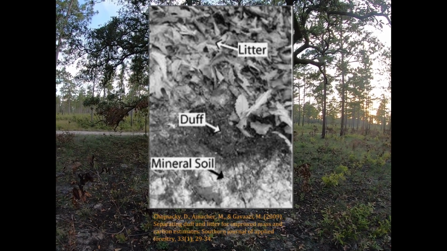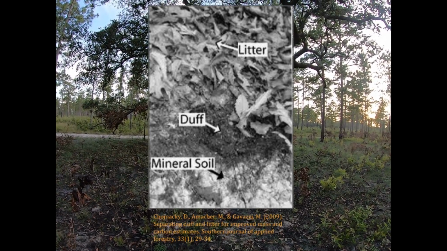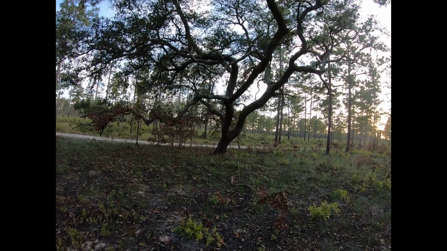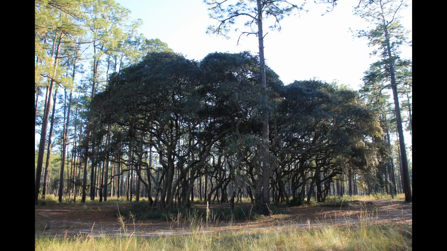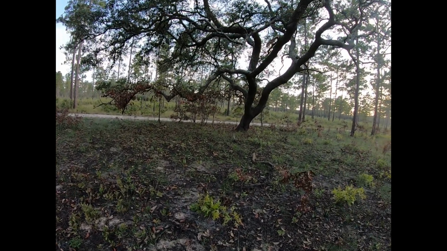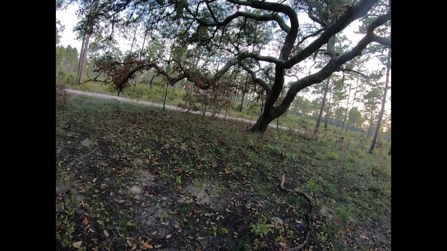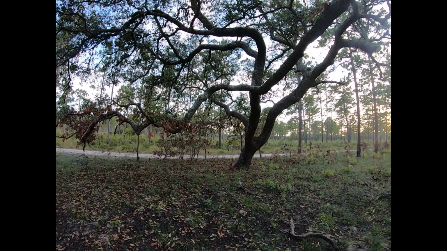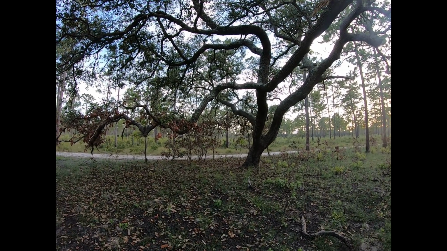So even in these dry periods where fires are more likely to occur, within these oak domes the intensity of the fire or the possibility of fire going through is a lot more diminished, and over time you see larger individuals within the middle of the dome and smaller individuals, new cohorts, forming on the outer perimeter. So it's a very unique adaptation. Also, it's important to note sand live oak is not the same as live oak, which is Quercus virginiana.